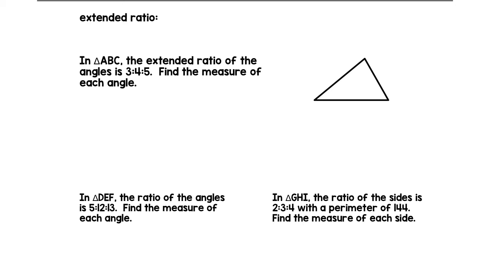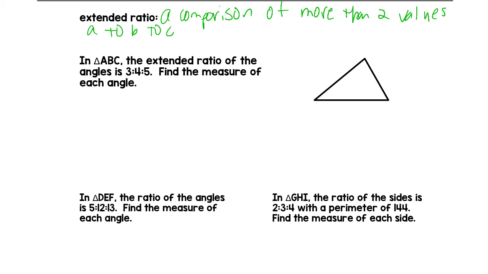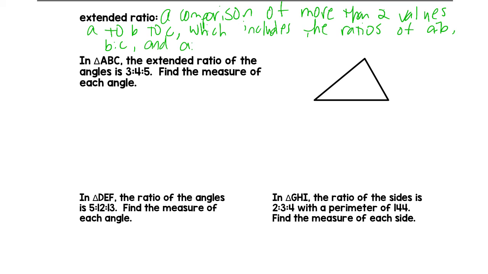And talk about extended ratios. An extended ratio is a comparison of more than 2 values, A to B to C, which includes the ratios of A to B, B to C, and A to C. You'll see what I mean here in just a moment.